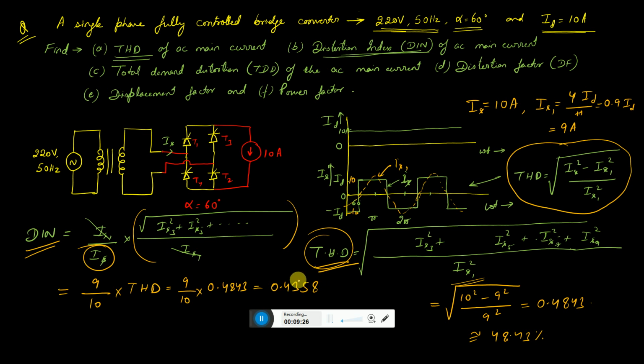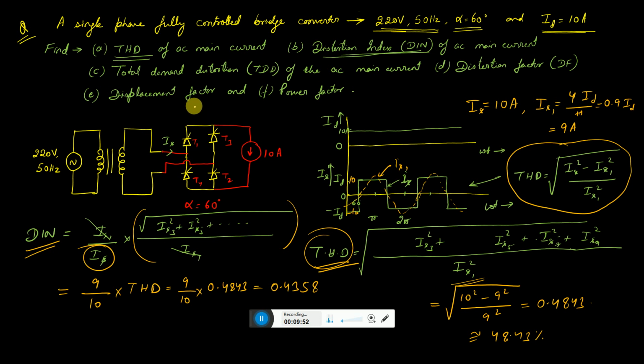Okay, so next, go to another question. Total demand distortion of the AC main current. This is the total root sum square harmonic current distortion in percentage of the maximum demand load current. So it depends on the maximum demand load current.